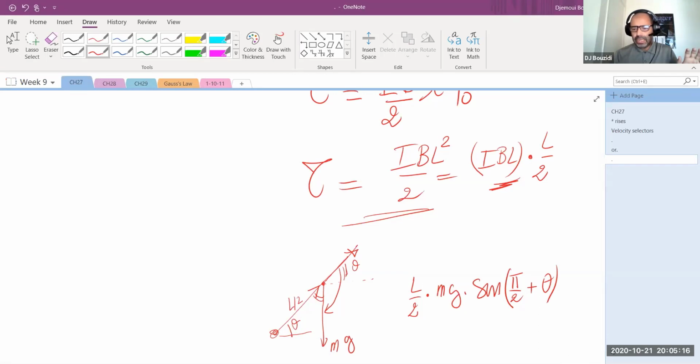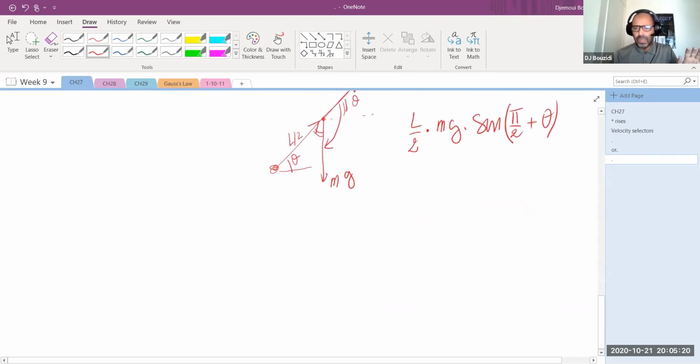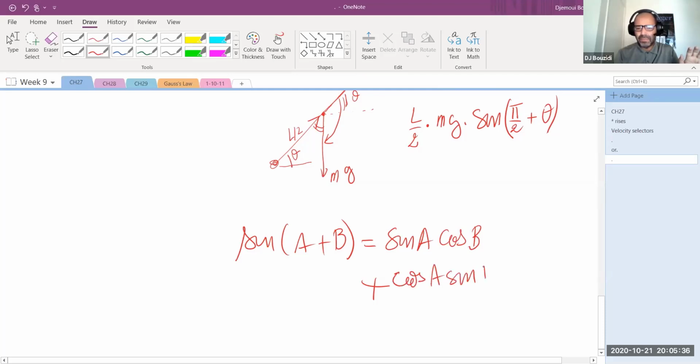There is a trig identity, and it's very important that you guys remember your trig identities, that says that the sine of A plus B is equal to sine of A cosine of B plus cosine of A sine of B. The only thing in here is A is equal to pi over 2 and B is theta.